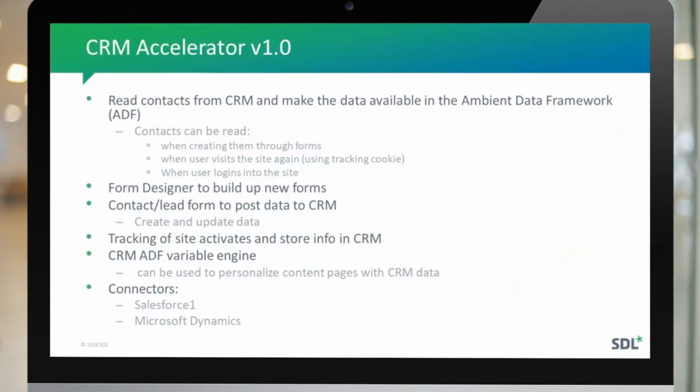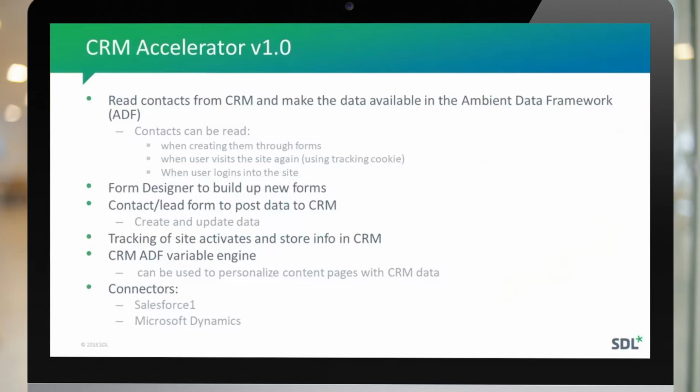So this is the scope of the first version we're working on right now regarding the CRM accelerator. That will include the possibility of exposing CRM data to the ABN data framework. This data can then be read when forms are submitted, when the user visits the site again, or when the user logs in to a site.